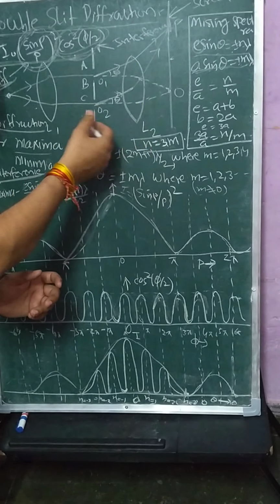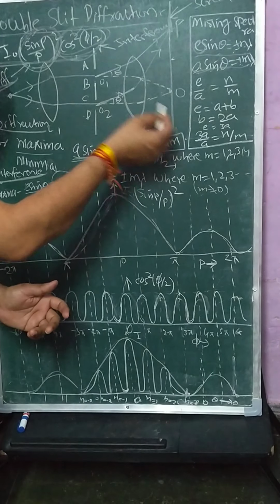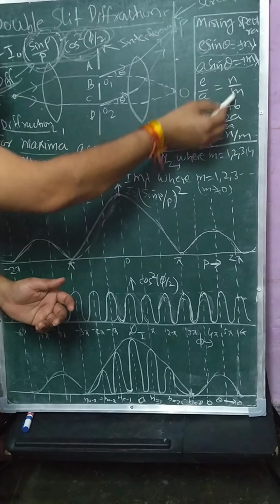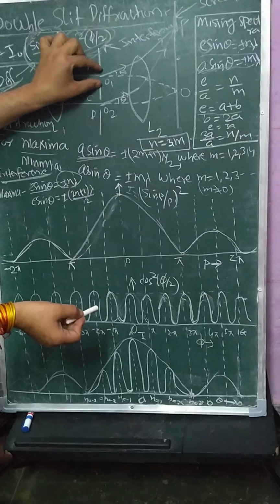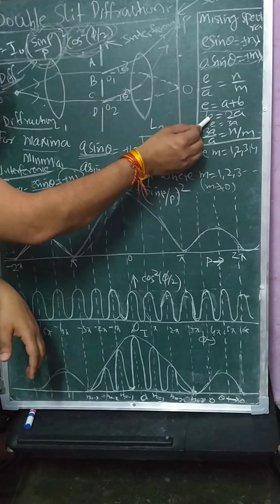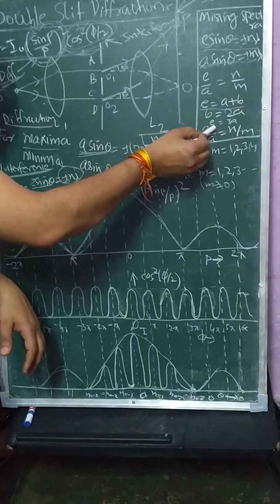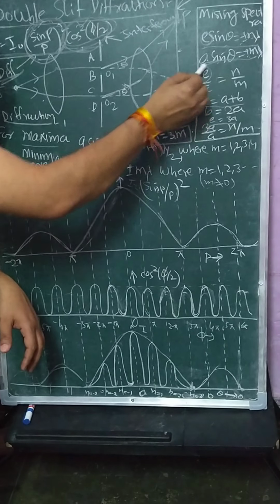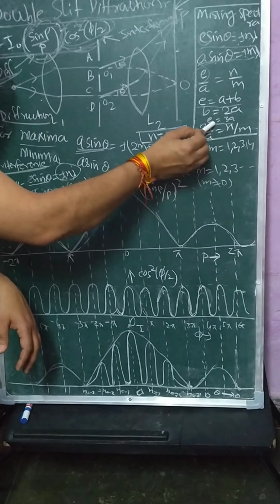So we will discuss this in the grating topic. So e upon a equal to n upon m, where e equal to a plus b. a means this area and b means the dark area. So if b equal to 2a, then e equal to a plus 2a equal to 3a. So put the value of e, 3a upon a equal to n upon m. So a cancels, and n is the order.